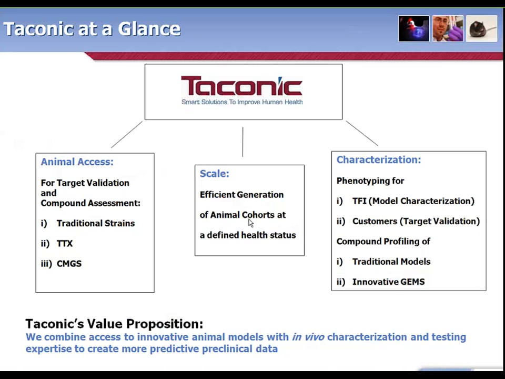I'm happy to be able to speak to everybody today about the benefits of orthotopic models. Before I get started, let me just talk a little bit about Taconic for those of you who don't know, and what our goal is at Taconic. Taconic is a life sciences company that facilitates biomedical research. We do that by providing access to animals, that's traditional strains, transgenic animals, and by creating custom genetically modified animals as well, and included here are immunodeficients that you might use for oncology studies.